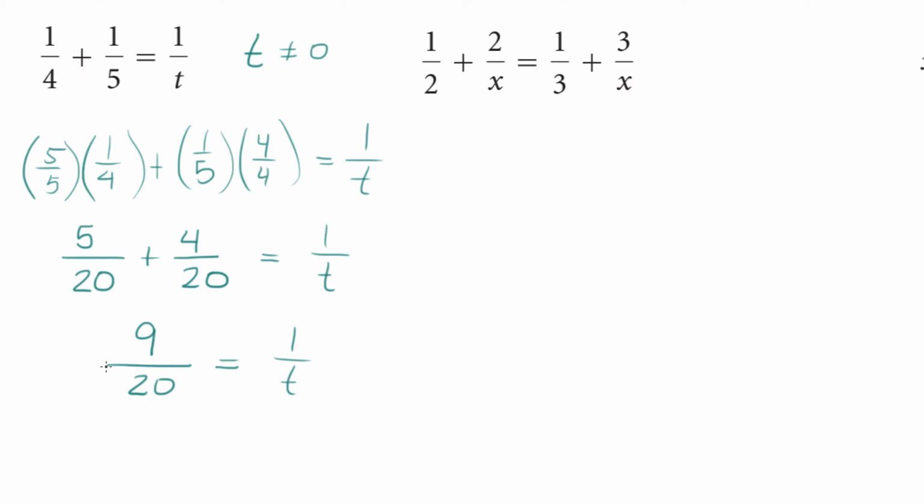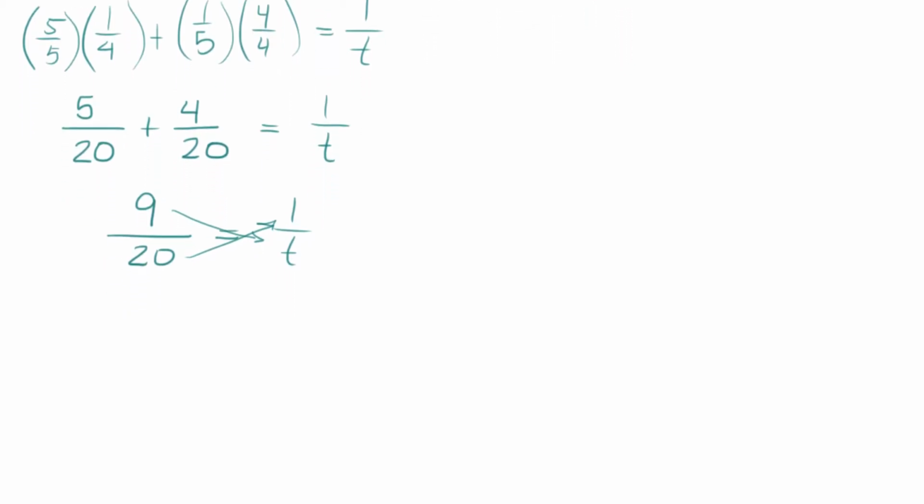So what would cross multiplication look like? In this case it will be 9 times t and 20 times 1. Once you apply the cross multiplication, this is very important, you will not have a fraction anymore. So 9 times t will be 9t, and 20 times 1 will be just 20.